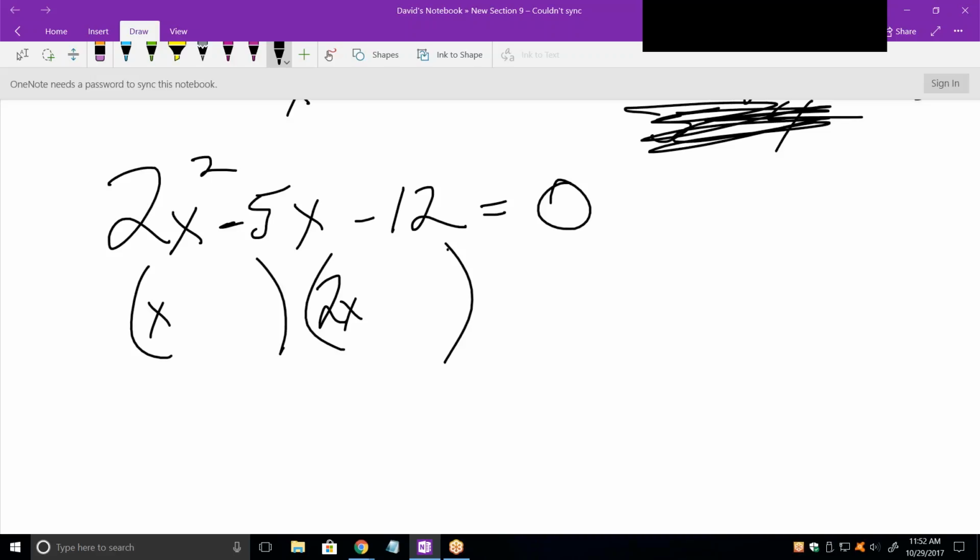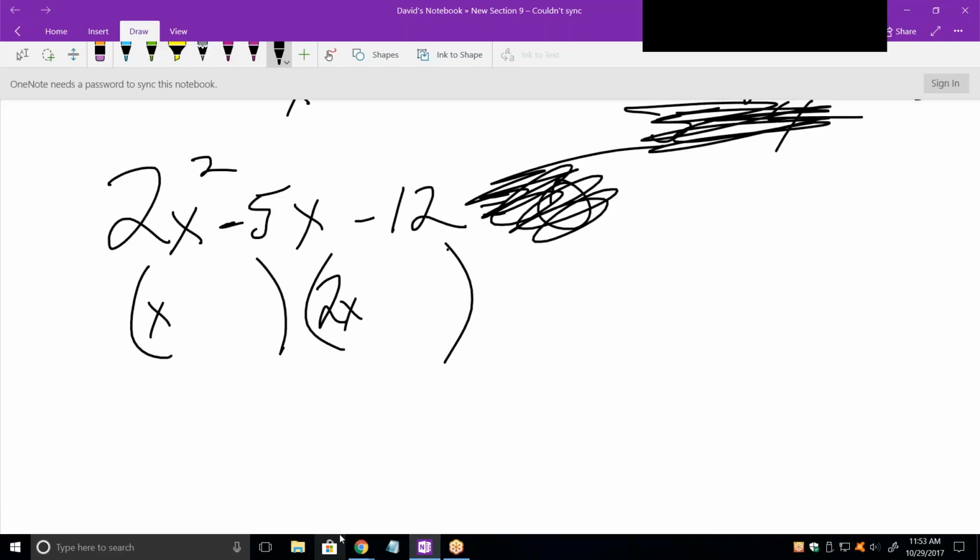Second step. The second step is finding the signs that go with it. The second step's real easy. I'm factoring this expression.